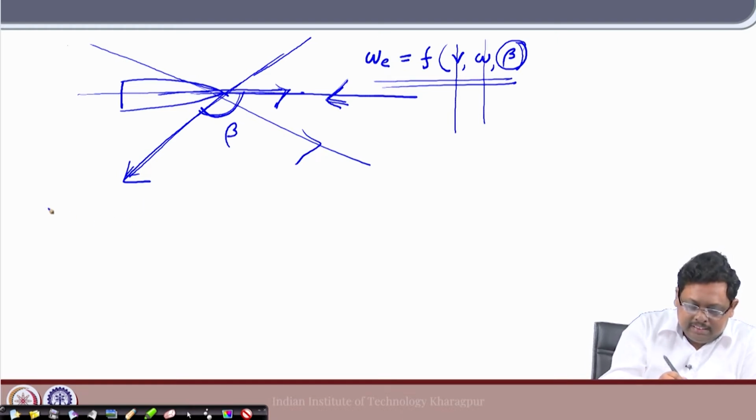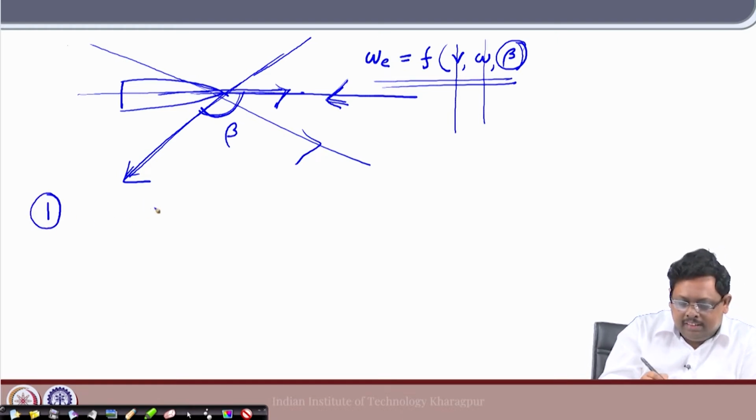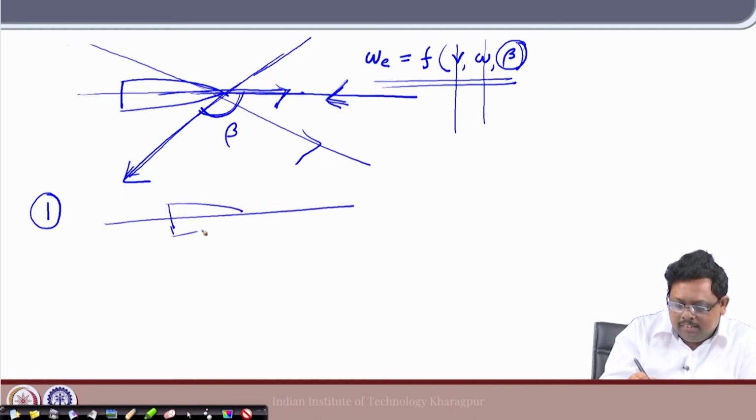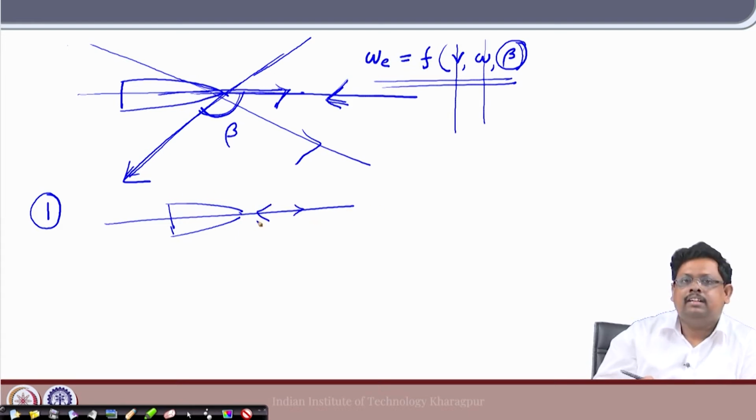Let us take case 1. Now, I am not drawing the ship, or I can draw also. So, this one is going this way and the wave is coming from this side. Then what is the beta in this case?